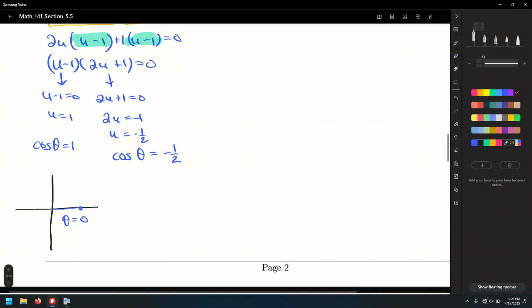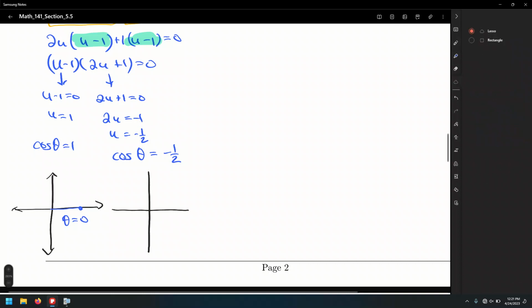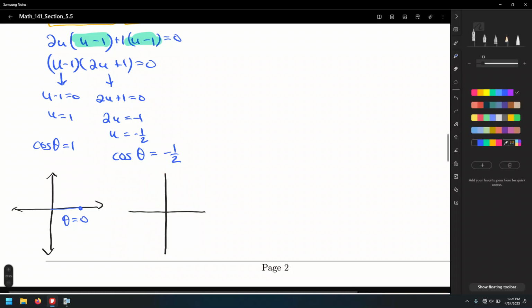Let's do the same for negative 1/2. Be careful here, because first of all, which quadrants have a negative value for cosine? You say second quadrant, what else?